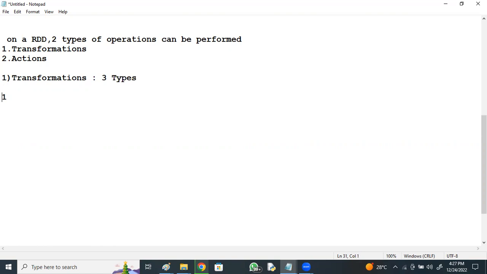First one, each element transformation. Second is the filter transformation. Third one is the aggregated transformation.